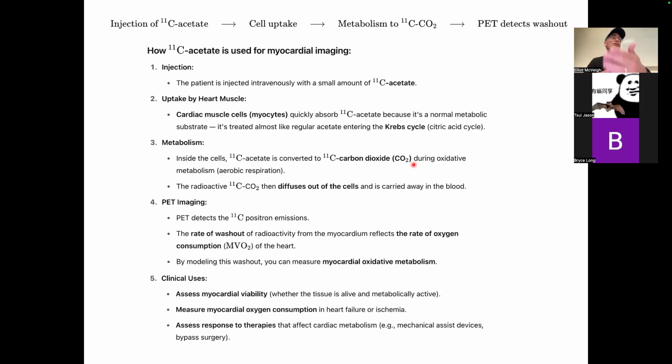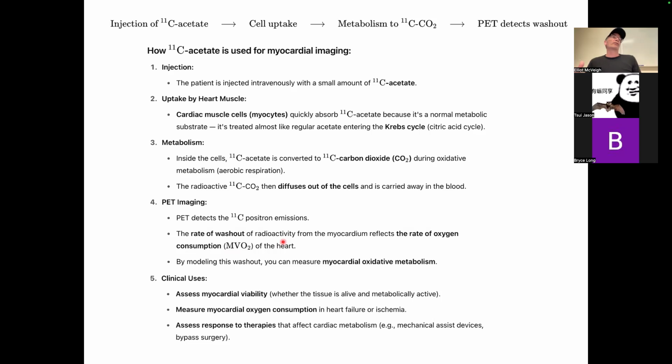So it's how much metabolic activity is going on in the cell, right? And so it gives you a couple of things. The input gives you flow, and the rate of output, it shows the radioactive decay of the substance, but also the rate of oxygen consumption in the heart.